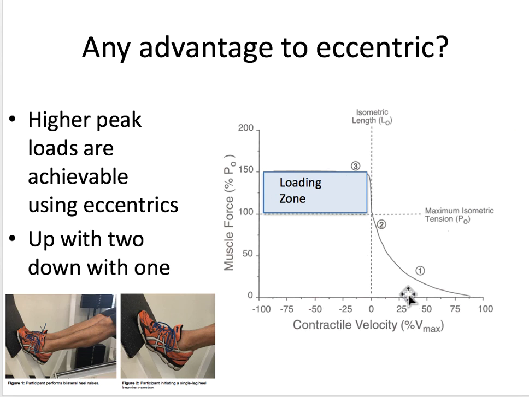So this is a force length, force velocity curve where concentric contractions are represented on the right and eccentrics to the left of this midline, which is the isometric contraction point. If we're only working concentrics, or as high as they can get with a concentric contraction, we're only working in this range to the right, which doesn't tap into this higher ability of the muscle to take on load, or achieve forces during an eccentric contraction.